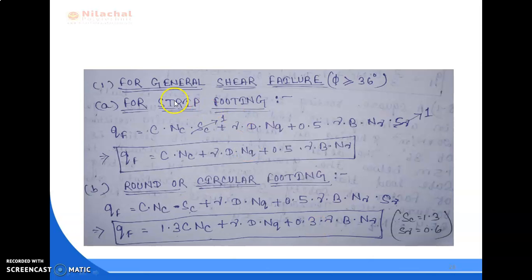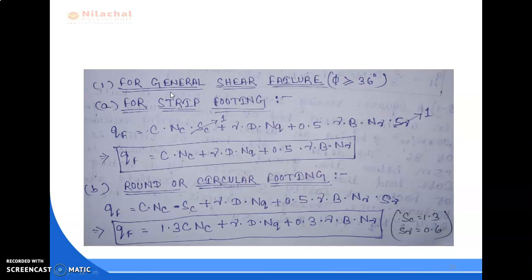So first we consider general shear failure. We consider it whenever phi is greater than or equal to 30 degrees. From 30 degrees and above, we consider it general shear failure.